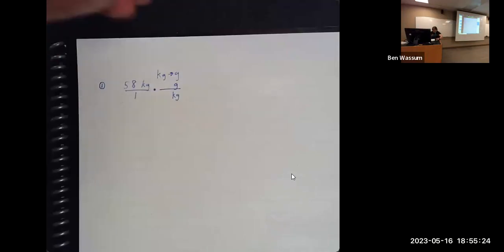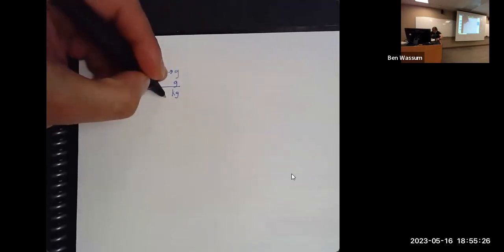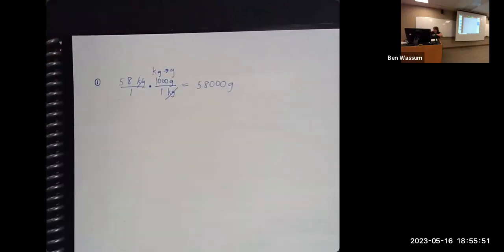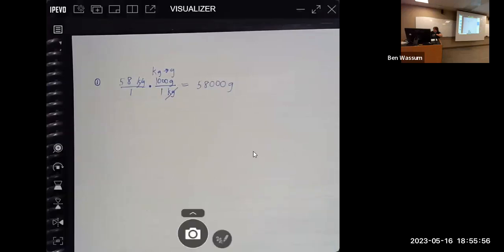Just based on that, 1 kilogram, 1,000 grams, kilograms cancels, and our units are now in grams. So we do our multiplication, 58 times 1,000 is very nice. So 58,000 grams. We'll find that the multiplication in the metric system is so much easier because everything's tens.